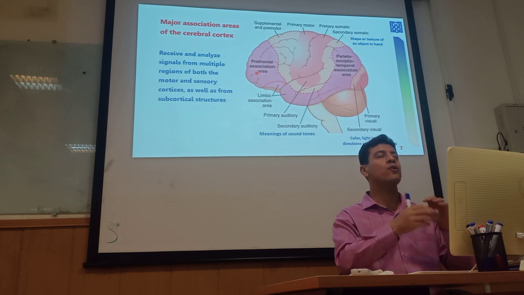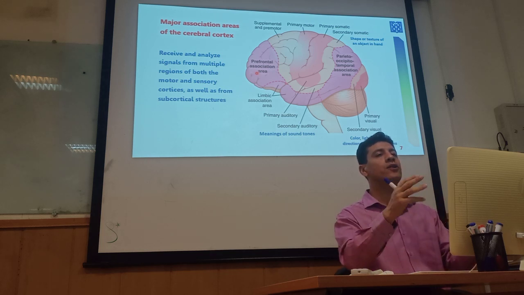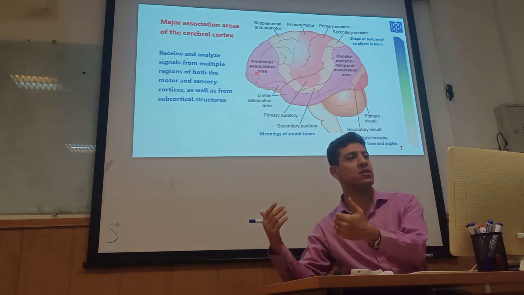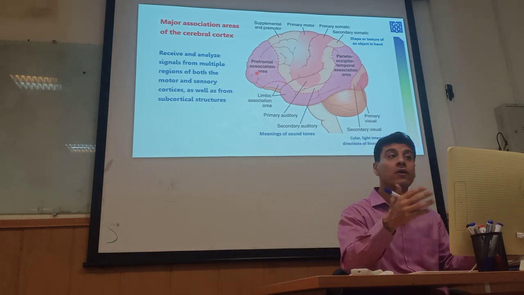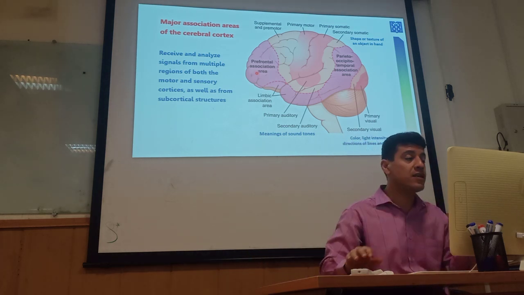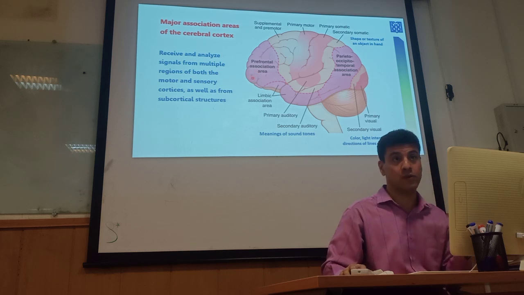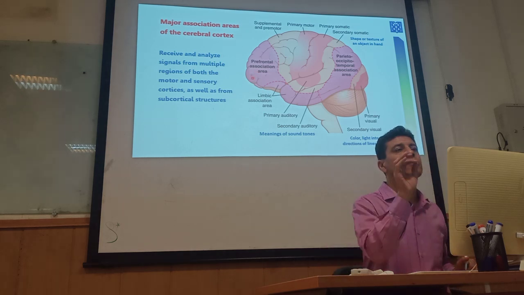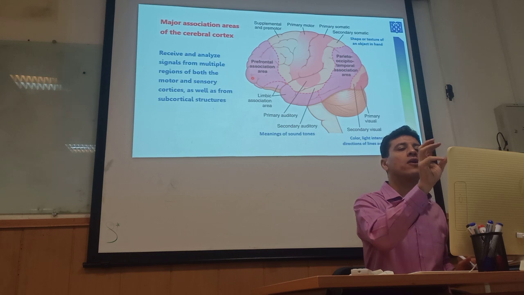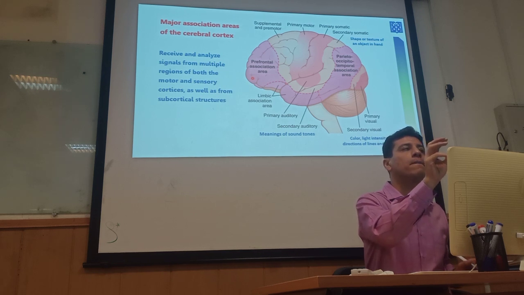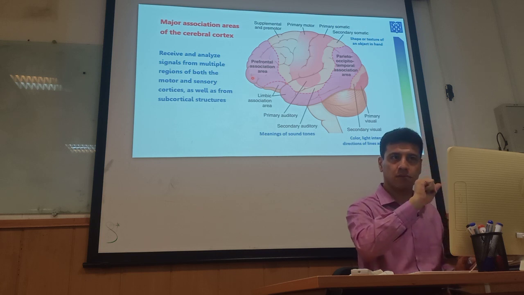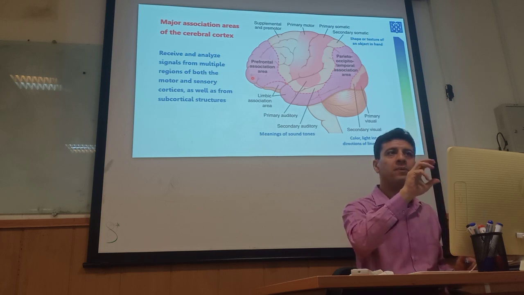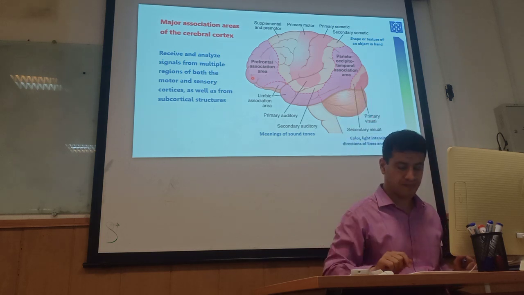So you think about something, you decide about the course of action, and then you do that. This thinking process and decision making happens here in the prefrontal cortex. So association areas are important for making the link between sensation and action, or between different types of sensations.